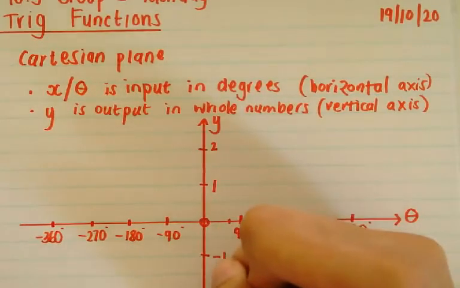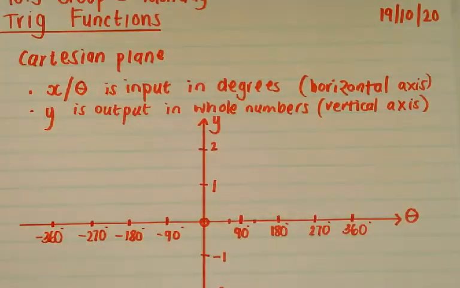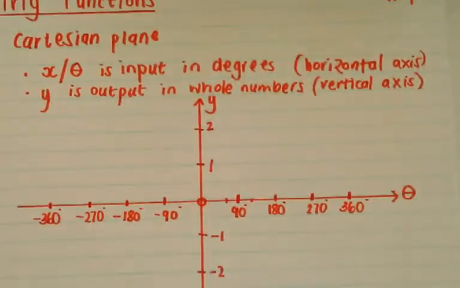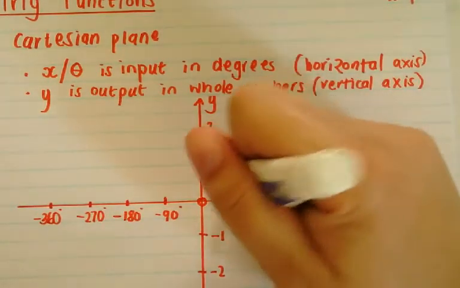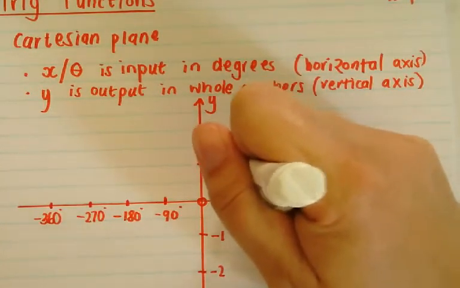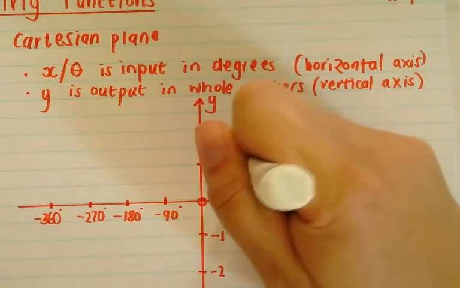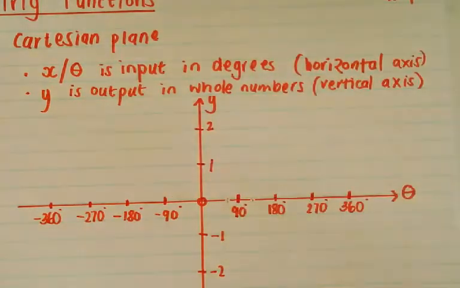Minus 1, minus 2. I'm only making it slightly bigger because we're going to have some information on it. It's a little annoying. You can if you want to, it's not going to make a difference, but to me it was annoying.